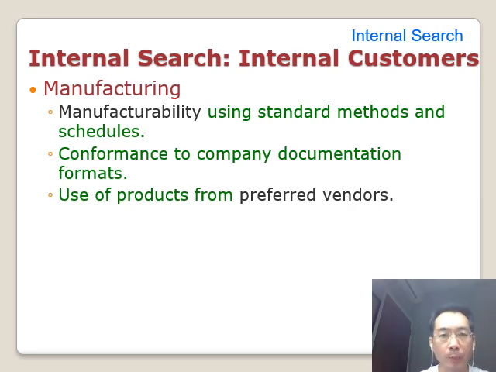In the manufacturing department, they will focus more on manufacturability, using standard formats or following schedules, and whether the manufacturing or production conforms to the company documentation formats. One more is the use of products from preferred vendors. This is talking about the working relationship between the company and the vendors or suppliers.